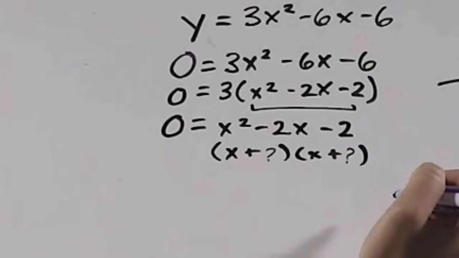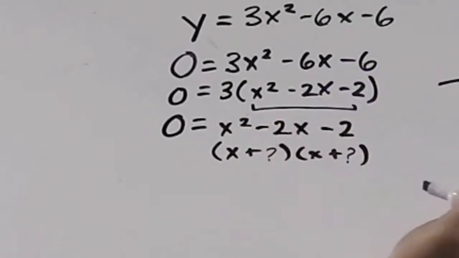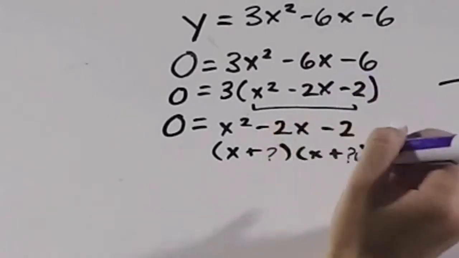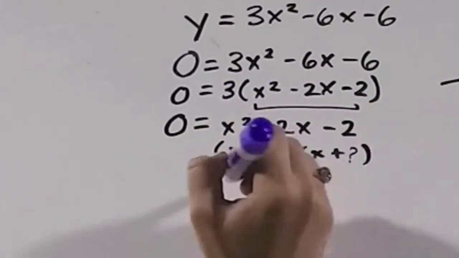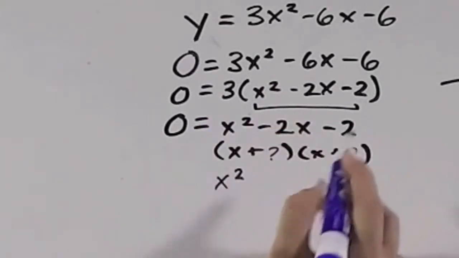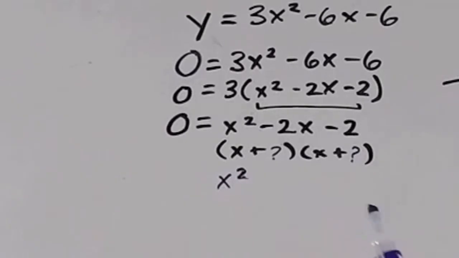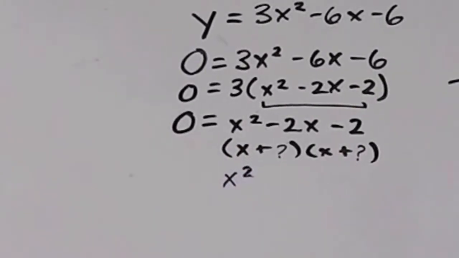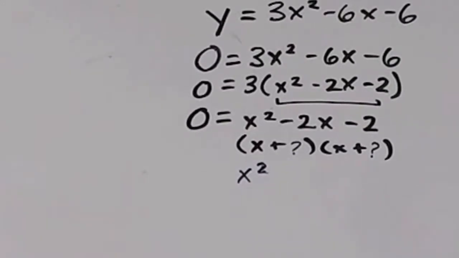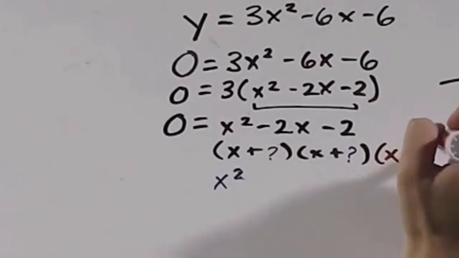First of all, why is that valuable? And how do we know there's only two of these factors that we're looking for? Well, when you multiply these two factors together, you end up with a highest order of 2. That means the biggest exponent for x that you get is a 2, and that's the biggest that we have here. Suppose we did have a third factor of x plus some question mark.